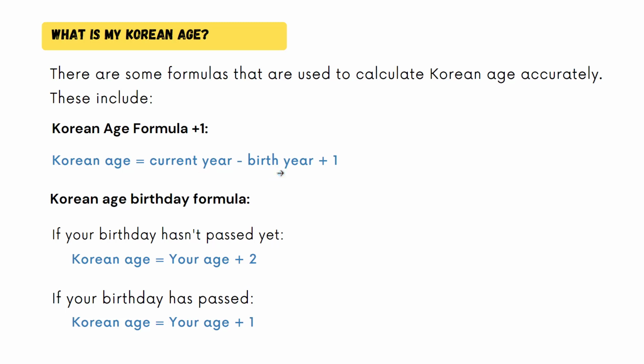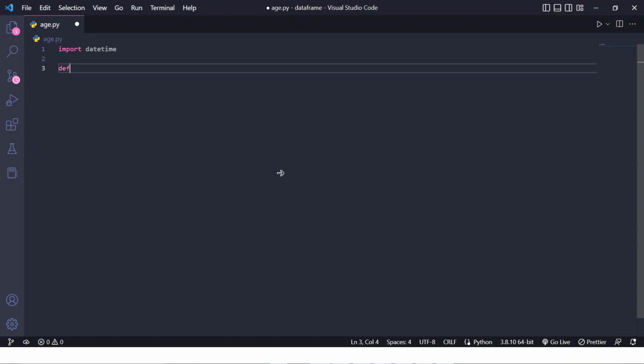Before that, let us create a method called korean_age_1. Inside, we are not going to give any parameters for now because we don't need anything. This is actually formula 1.